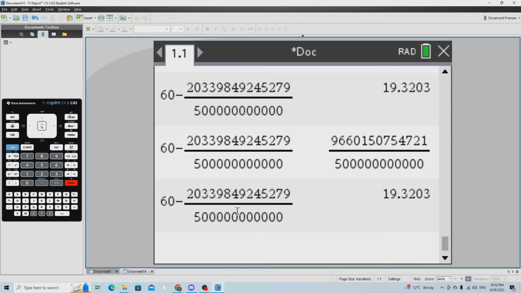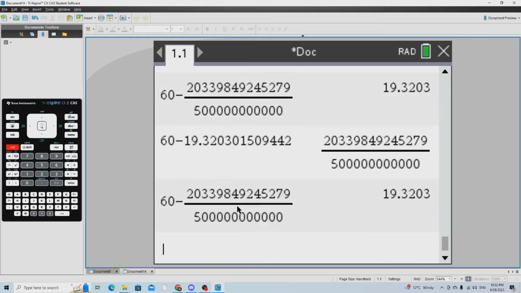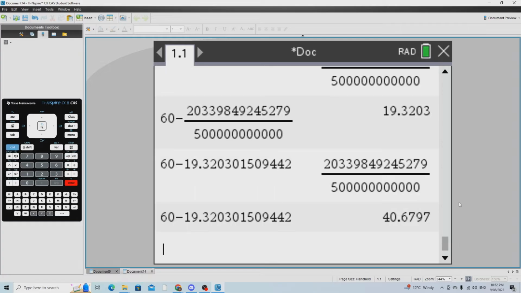So 60 minus your answer. How does it give me this? 60. I see, it's my calculator. So 60 minus this, it's 40.67. Okay. So 40.67 divided by 18 pi.